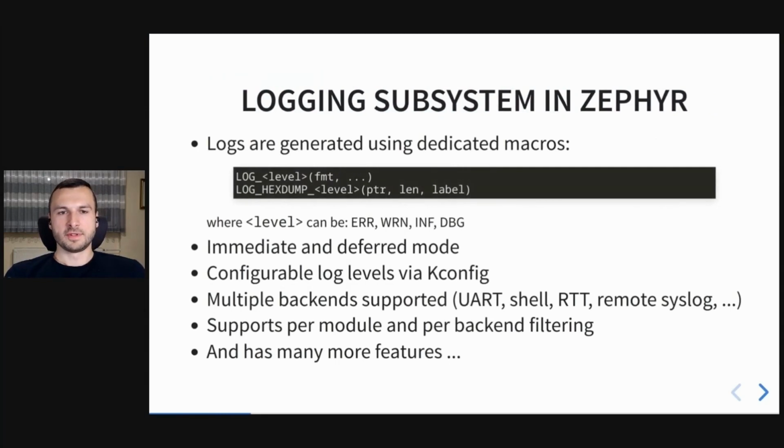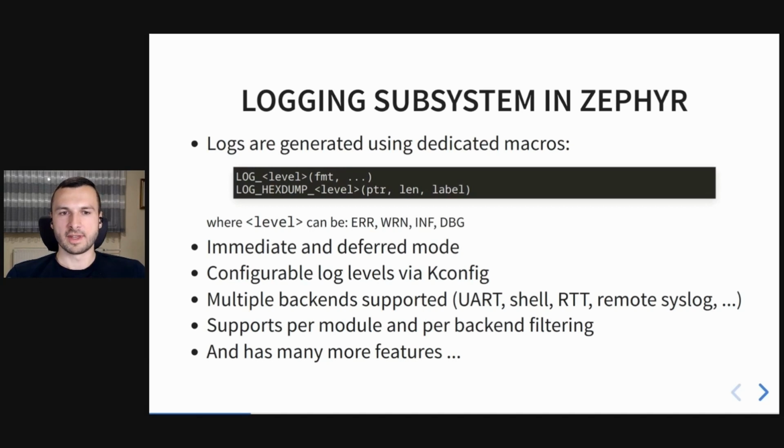A few words about the logging subsystem in Zephyr. There are 2 types of macros. The first one is just the log macro. It works pretty much like the printf and printk functions. It supports formatting and allows you to add more arguments and format a string.